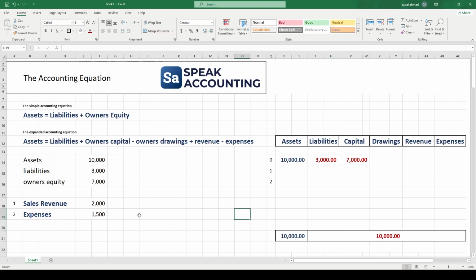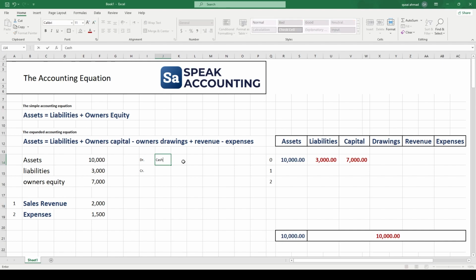Now let's have an example to understand how things work in the accounting equation. It's going to be simple. Let's first say that we have sales revenue of 2,000. When you have a revenue of 2,000, I will drop here a journal entry, debit and credit. Let's say that we sold in cash.